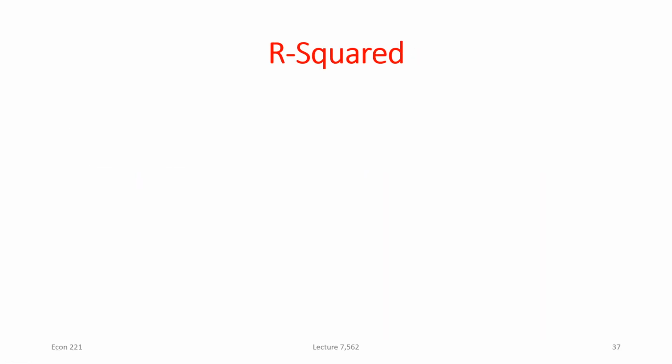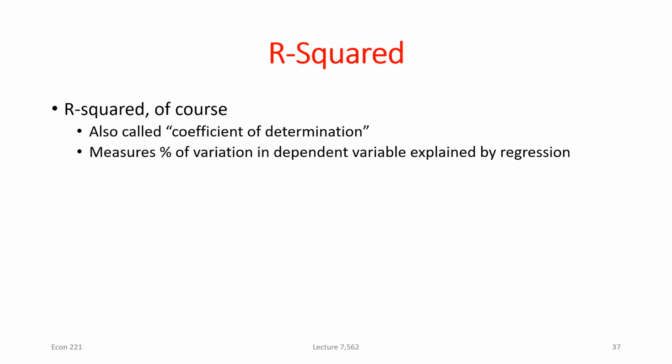As we add in more of these control variables, we get another statistic that gives us some more useful information. This is r squared, our coefficient of determination. It's how much of the variation that we see in the y variable we can explain with the independent variables we've included, right?